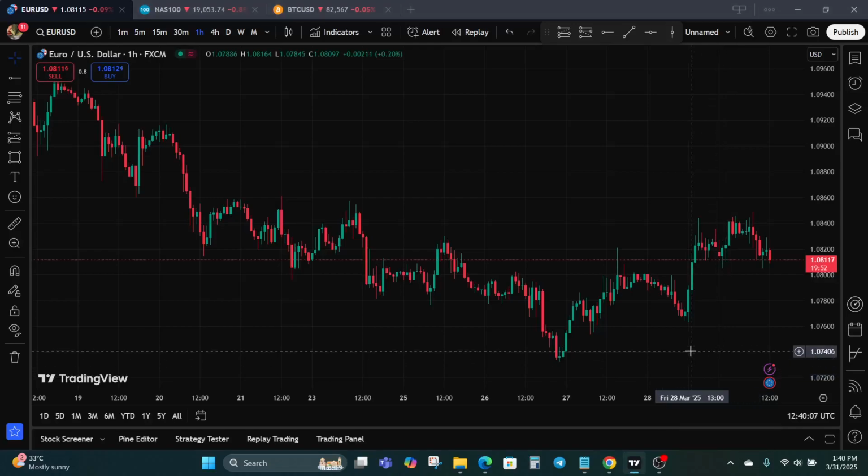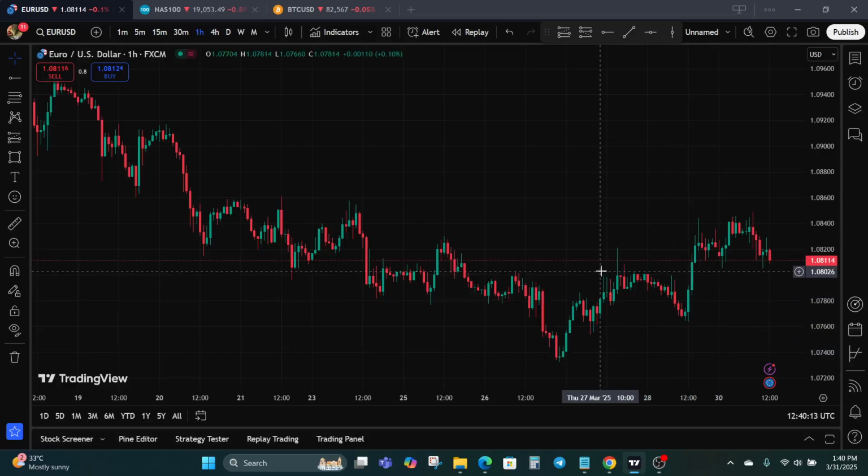Most traders use multiple indicators to track momentum, volatility, and trend direction. But what if you could have one tool that does it all?